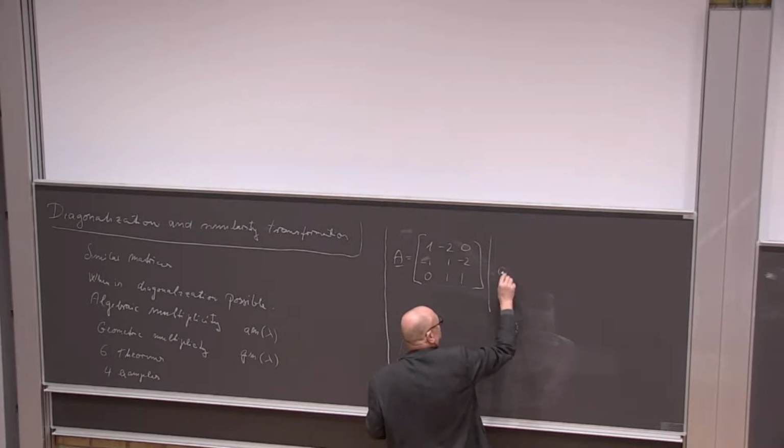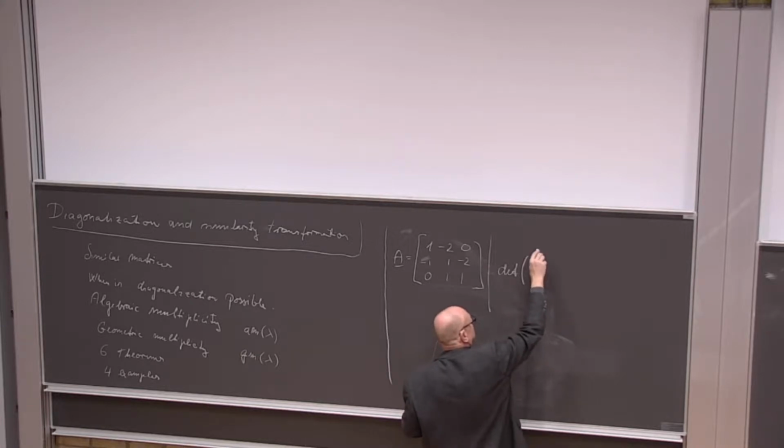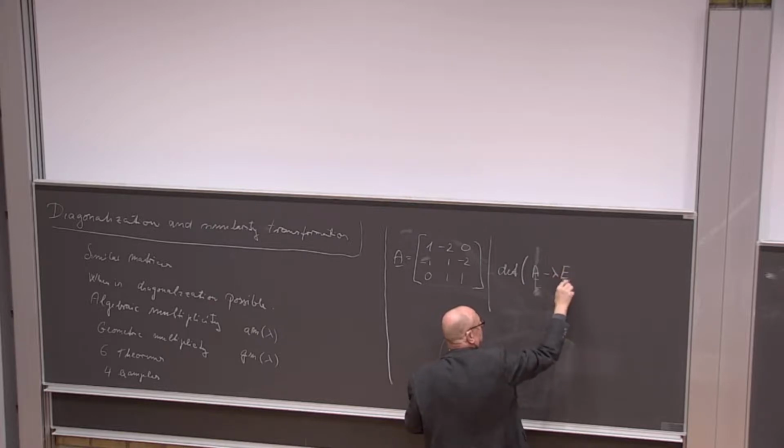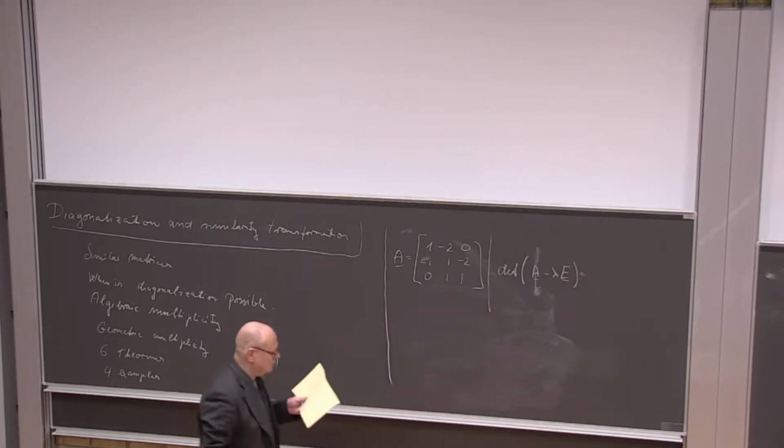And the hard way is to compute this determinant here. I should write it down: A minus lambda times E. And this will give me the characteristic polynomial.